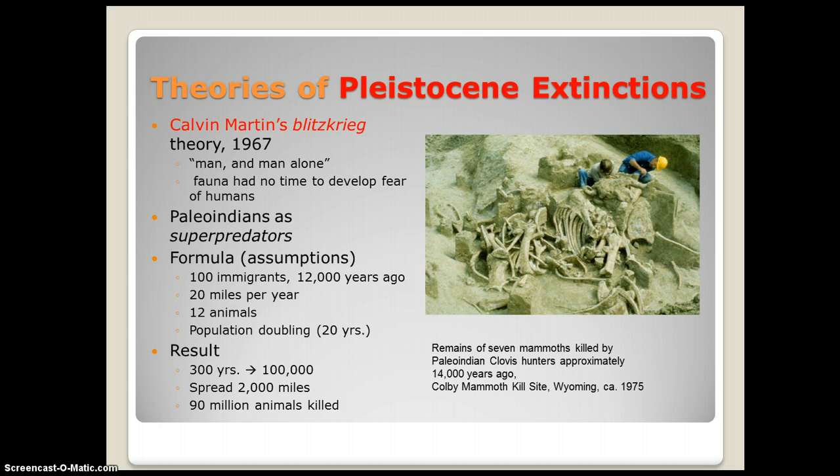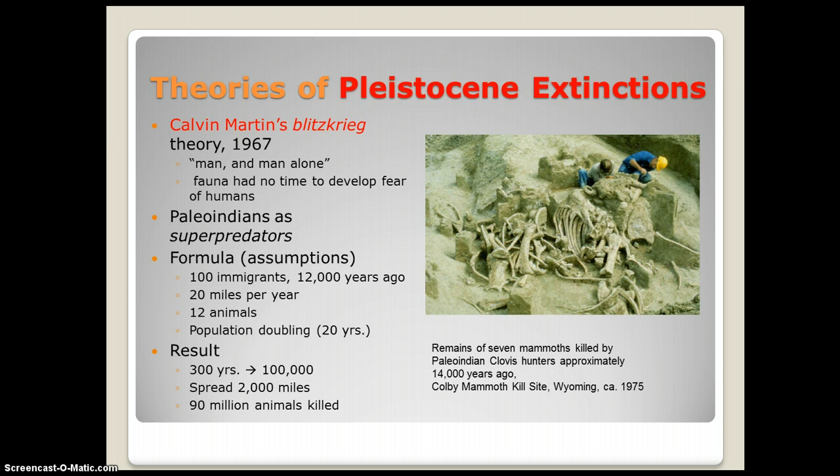Essentially, the range of the animals that would be necessary to sustain them would require them to venture 20 more miles each year. And further, the assumption was that each individual would need 12 animals a year to sustain himself or herself. Further assumption was that every 20 years this population would double.